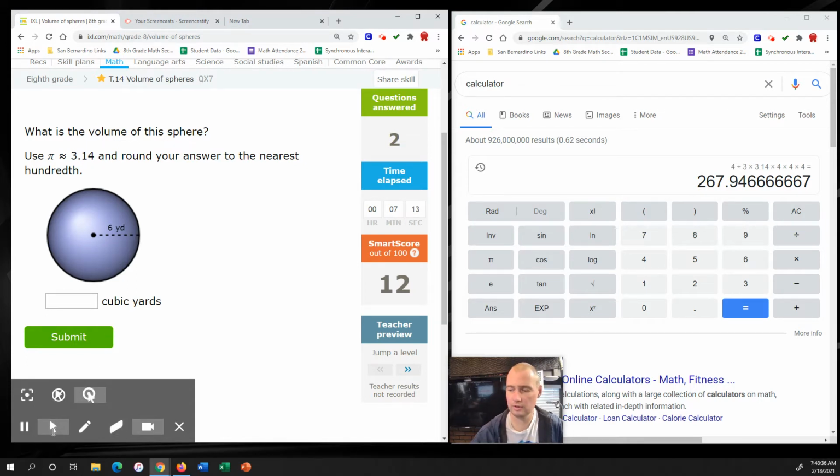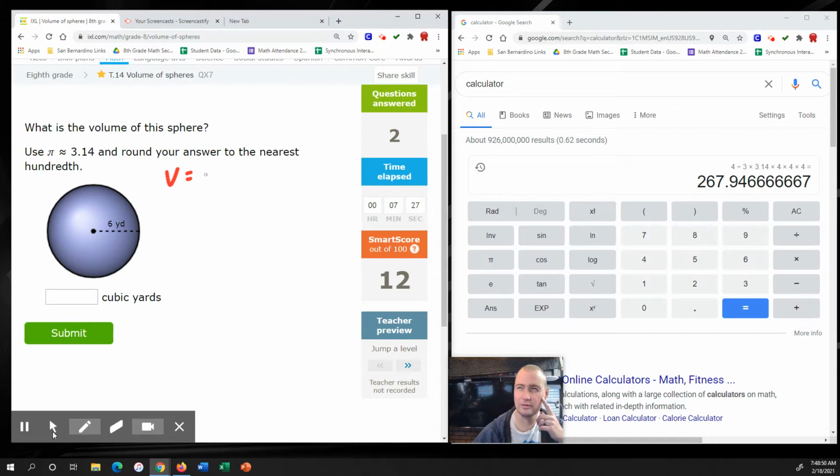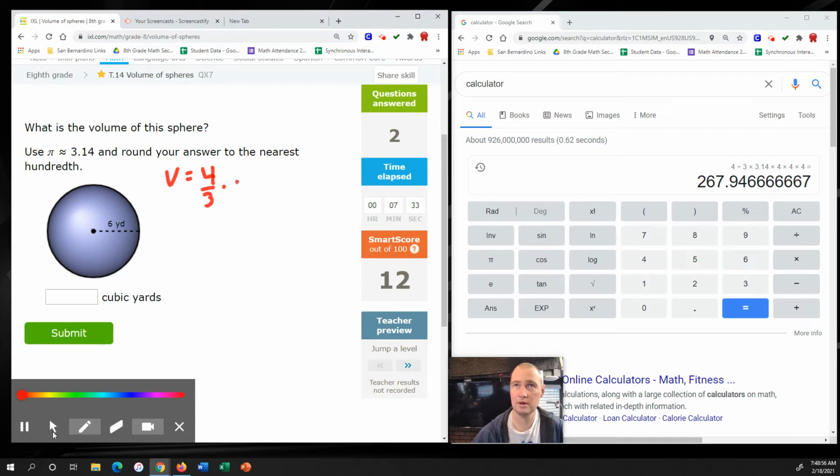All right, so same formula. The formula doesn't change. Just keep using the same thing. So we're going to get faster and faster as we go. Let's get the pencil rolling here. All right, so we got volume equals. Think about it. What was the volume? Oh, yeah. It's 4 over 3 times pi times r to the third power.